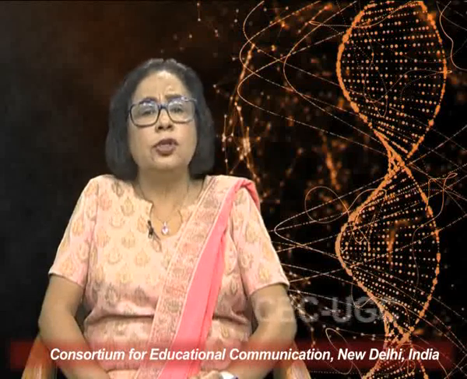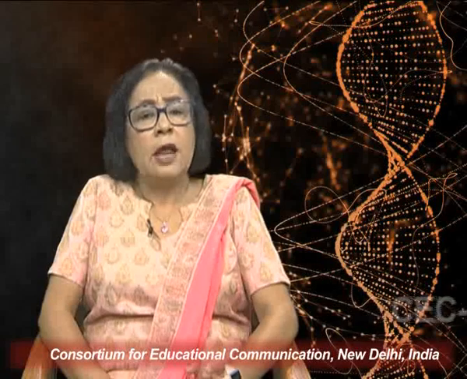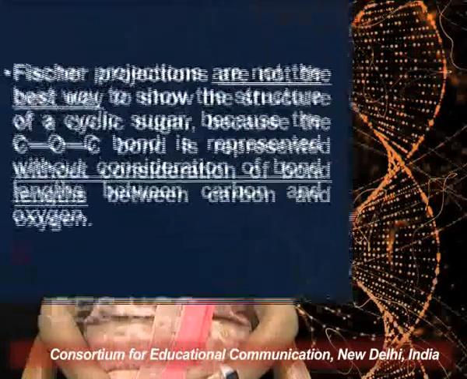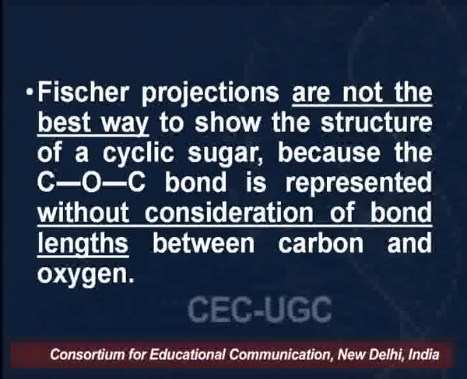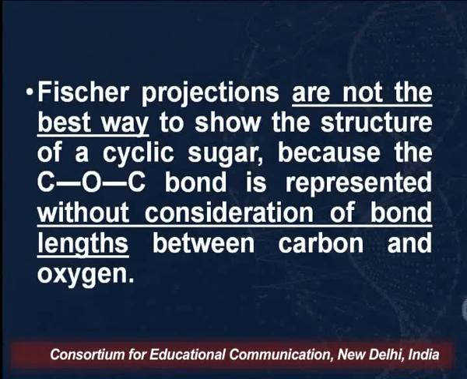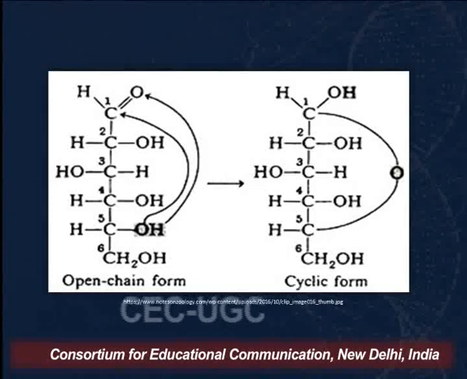So if we look into the Fischer projection, then we know that Fischer projections are not the best way to show the structure of a cyclic sugar, because the C-O-C bond is represented without consideration of the bond lengths between carbon and oxygen.